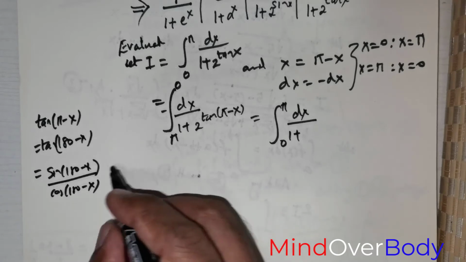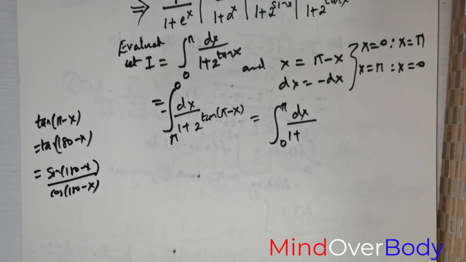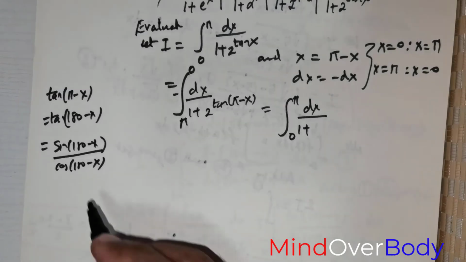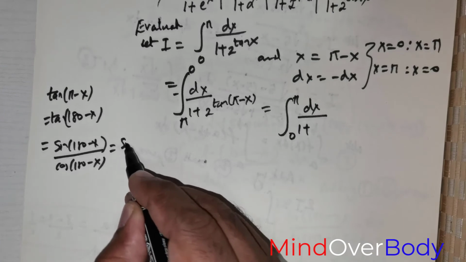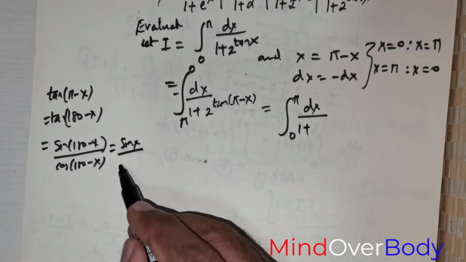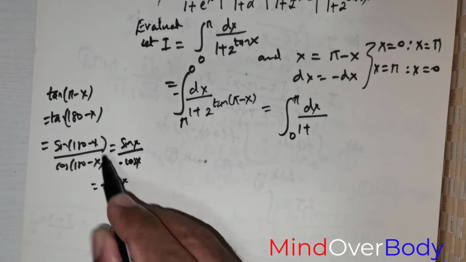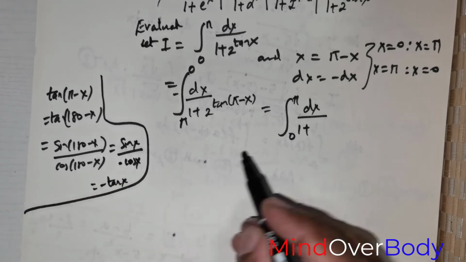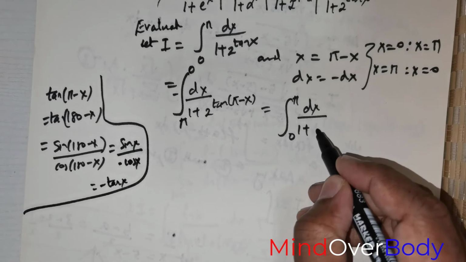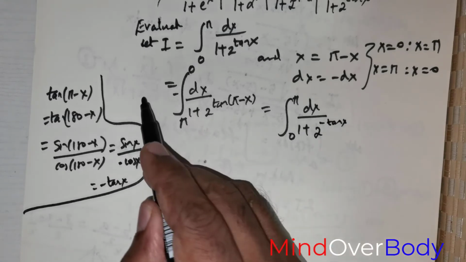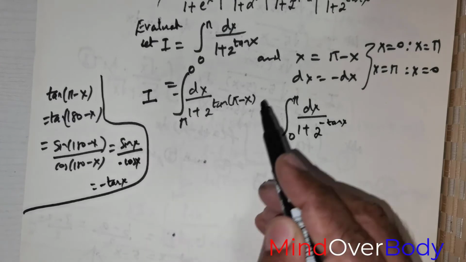So you can either expand it or you can directly use the equivalent trigonometric identity for this. So this is clearly going to be sine x, and this is clearly going to be negative cos x, which is nothing but negative tan x. So I can rewrite that over here, 2 raised to the power of negative tan x. Of course this is equal to I.